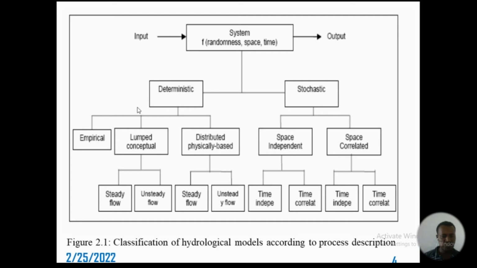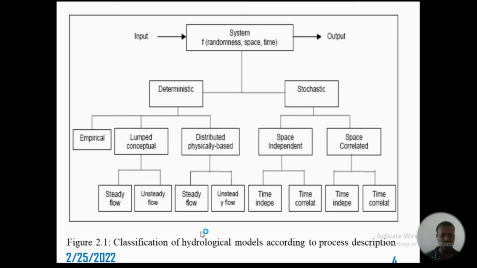In deterministic, there are three types: empirical, lumped conceptual, and distributed models. Empirical has another name, black box; lumped conceptual is gray box; and distributed is white box. And stochastic is space independent, and space correlated or space dependent.